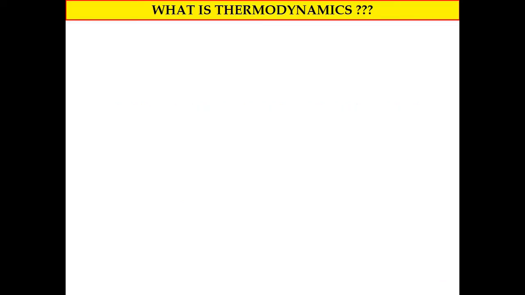Introduction of thermodynamics. First we need to know the meaning of thermodynamics. In terms of definition, the word thermodynamics actually consists of two main parts, the thermo part and the dynamic part.